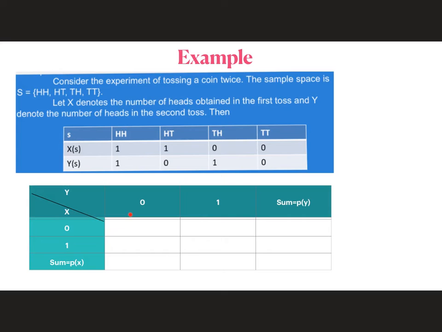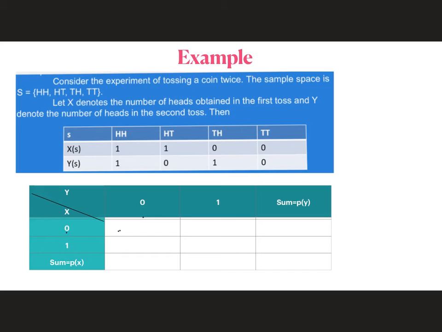Then this probability is what? It is the probability of obtaining x is 0, y is 0. So 0, 0 means obtaining no head at first, no head at second.